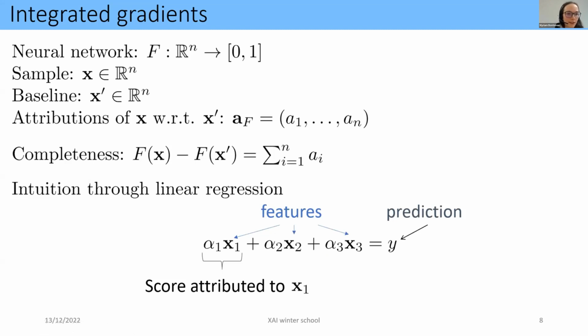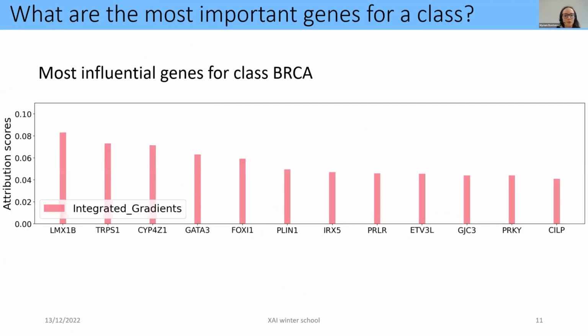So what can we explain with integrated gradient on our logistic regression trained on our data? What most papers do, a lot of papers in biology, is that they want to see, for instance, what are the most important genes for a class.